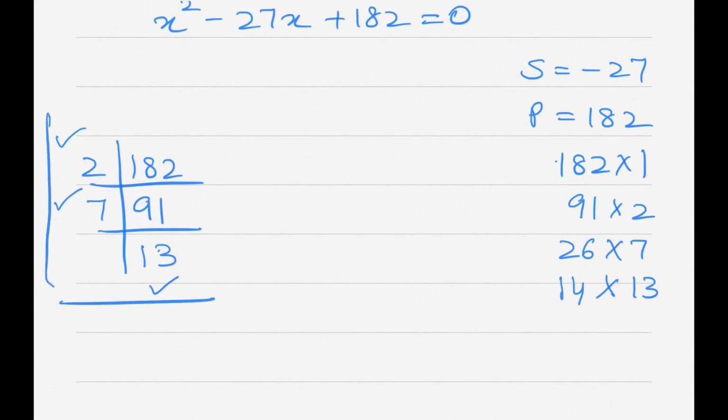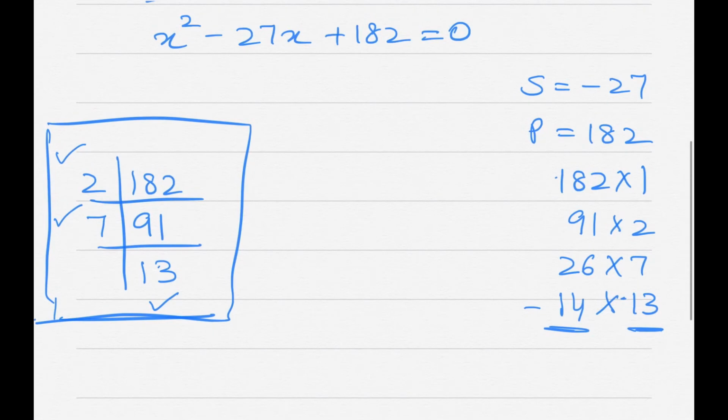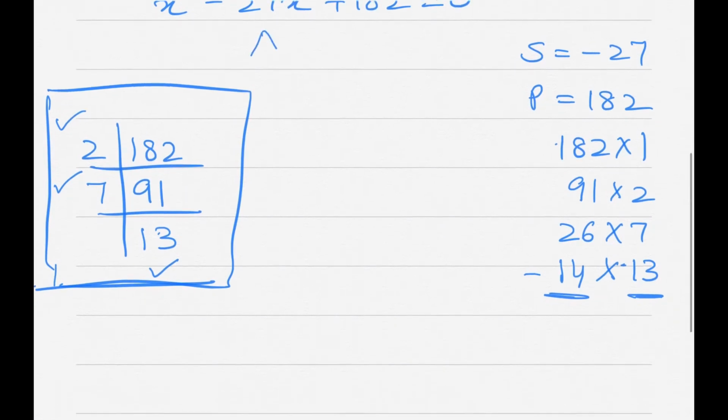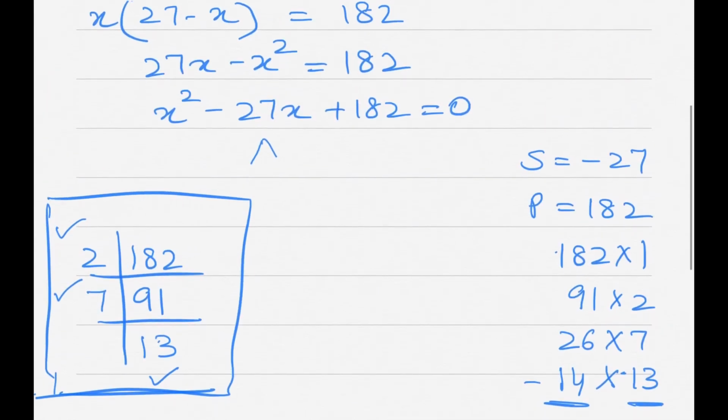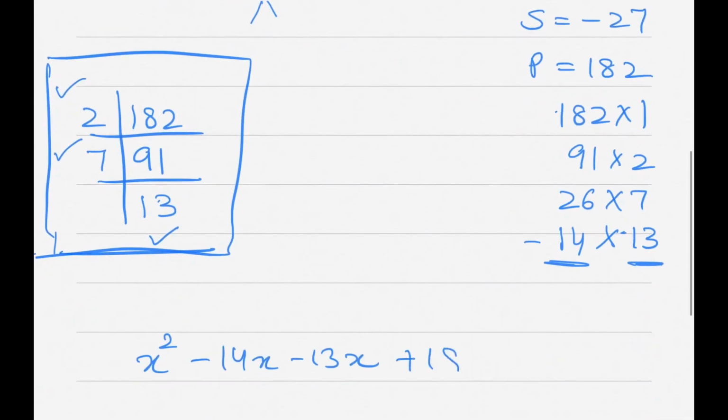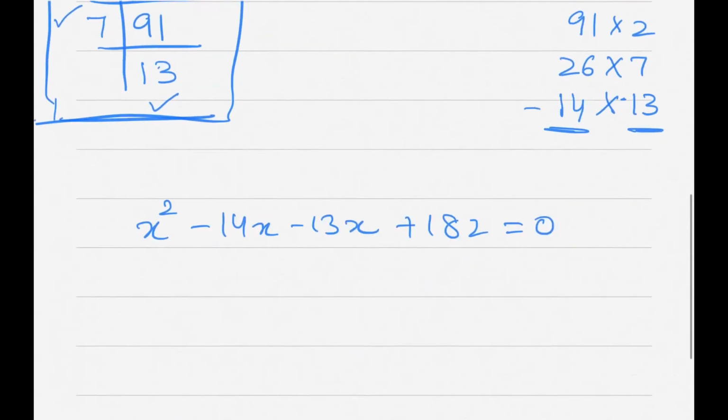Finding these factors is sometimes very helpful, because otherwise we have to multiply by each number. So my numbers are minus 14 and minus 13. Now I can split my middle term: x square minus 14x minus 13x plus 182 is equal to 0.